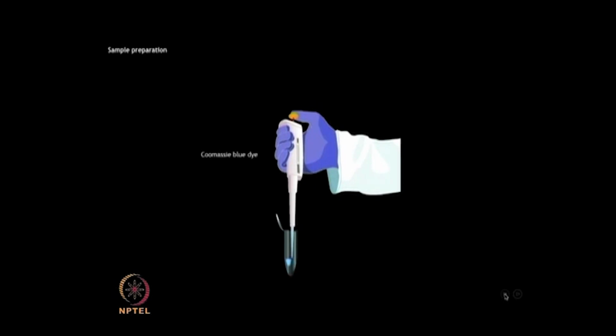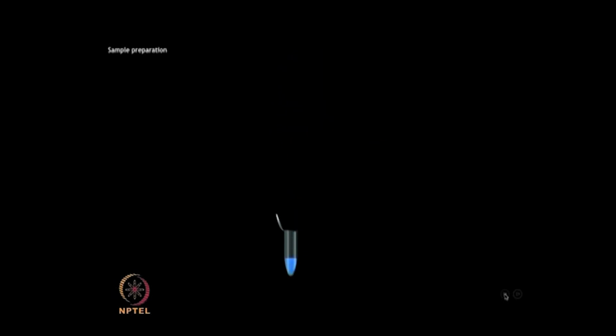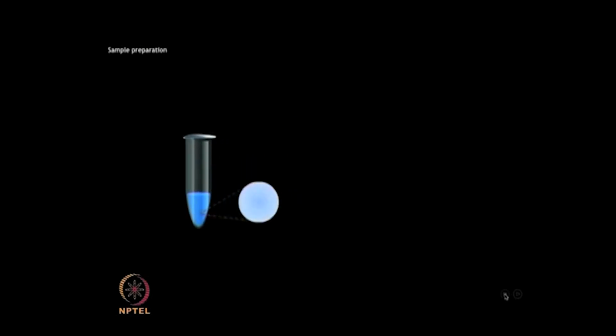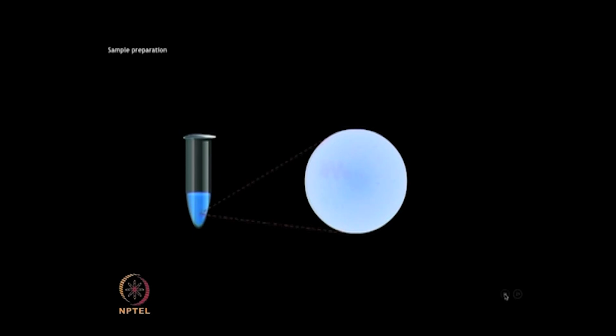Sample preparation. The protein sample present in a suitable buffer is mixed with Coomassie blue dye, which provides the necessary charge to the protein complexes, thereby facilitating their separation in the gel. Unlike SDS, the dye does not denature the protein but binds to them in their native state.